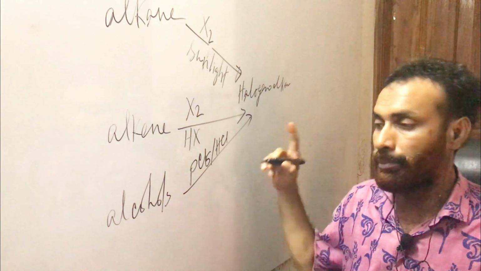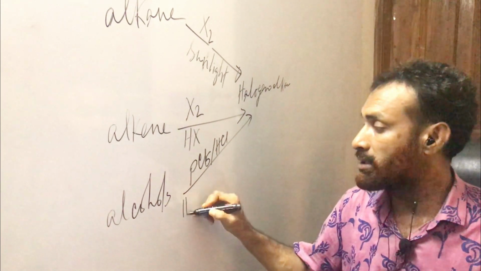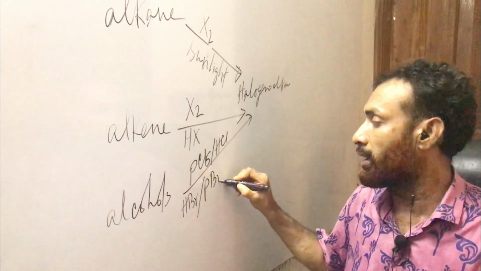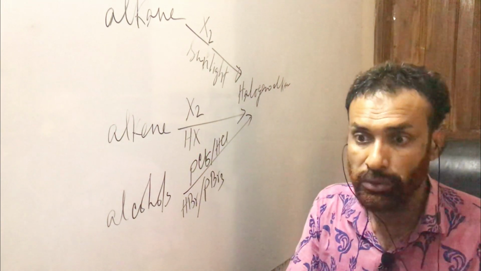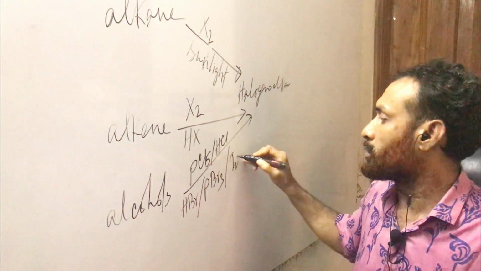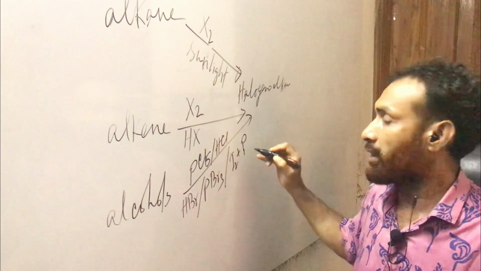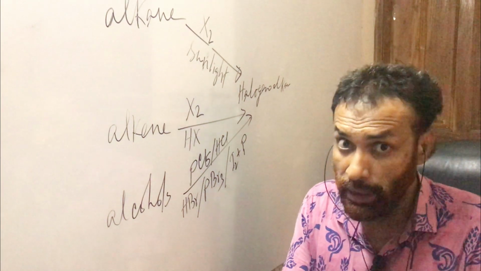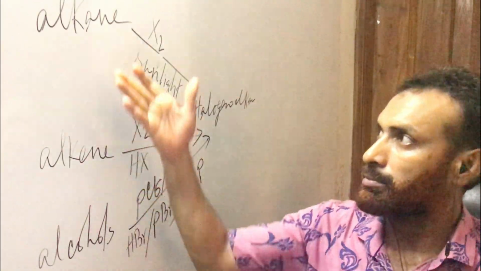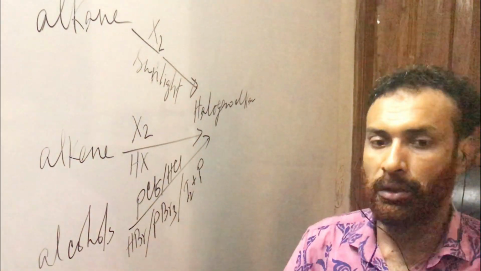If this is bromoalkane, then HBr or PBr3 could be used, or phosphorus and iodine together if you want to make iodoalkane. So this is how you can make halogenoalkanes from alkene or alcohol.